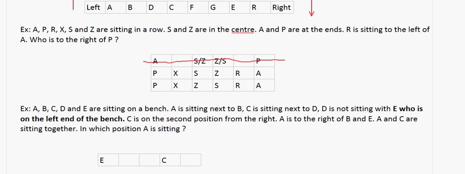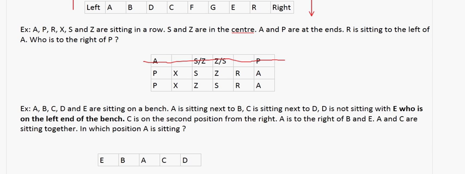Then it says A is to the right of B and E, right? Now AB has to be together, so A and B should be on second and third position, and it has further ascertained the position of A. It is to the right of B, right? And finally we are left with D. D is on the rightmost corner.